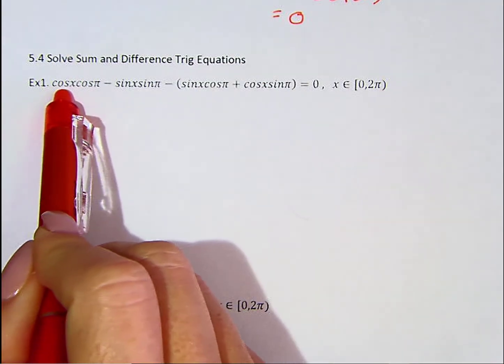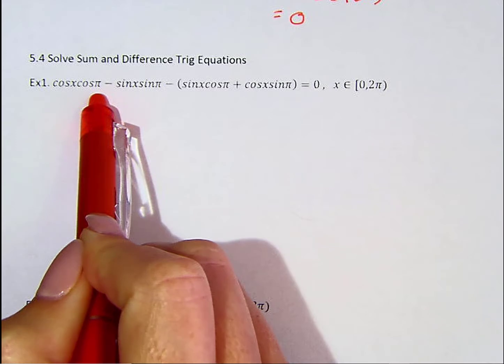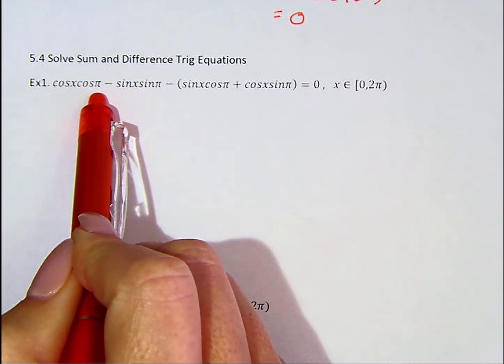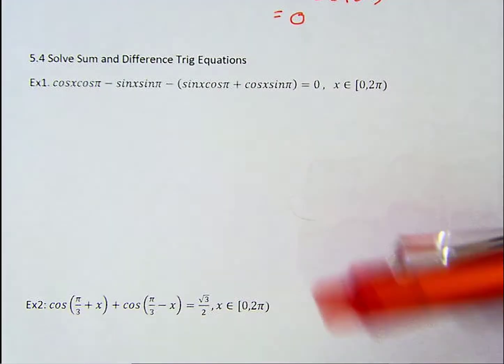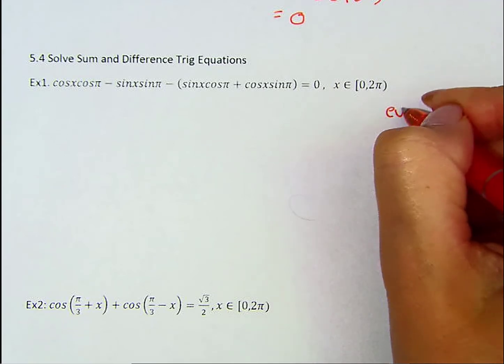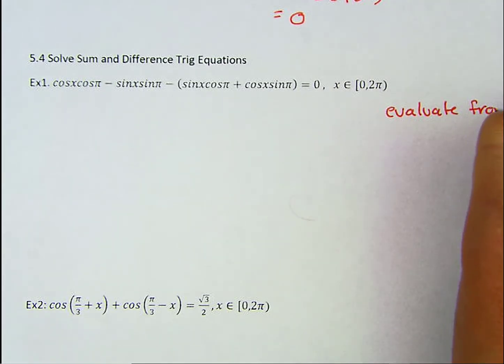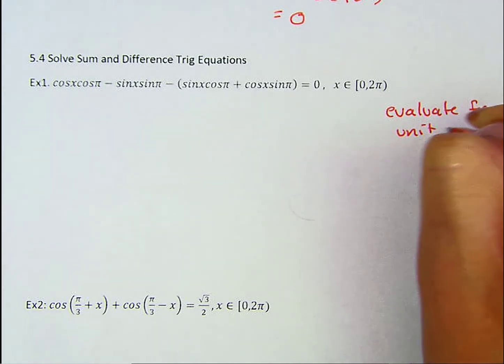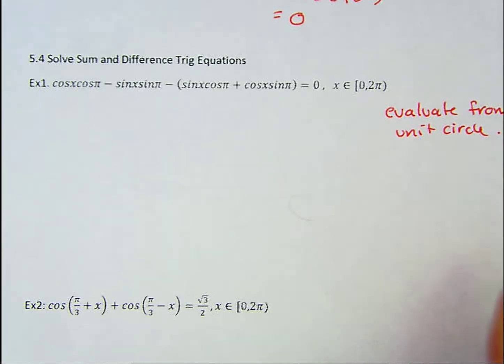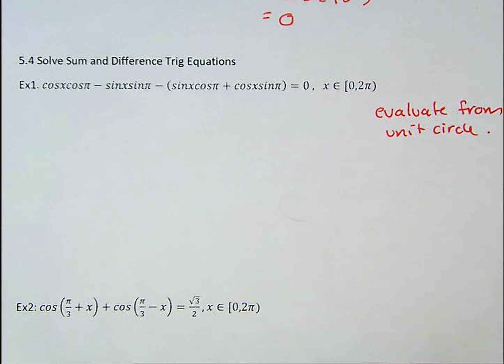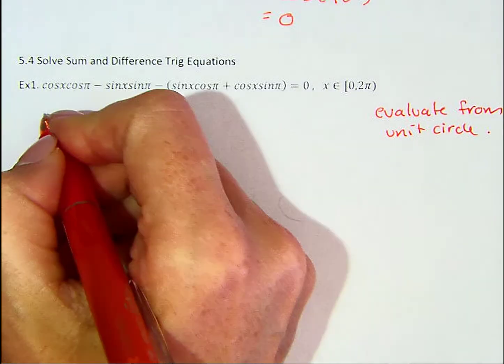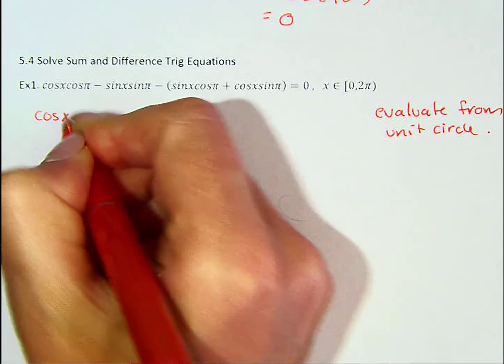I can't do anything with the cosine x, but I can simplify the cosine pi. So the first thing I'm going to do is I'm going to evaluate from the unit circle. And that's just because I'm already given some angles. So cosine x is going to stay the same.